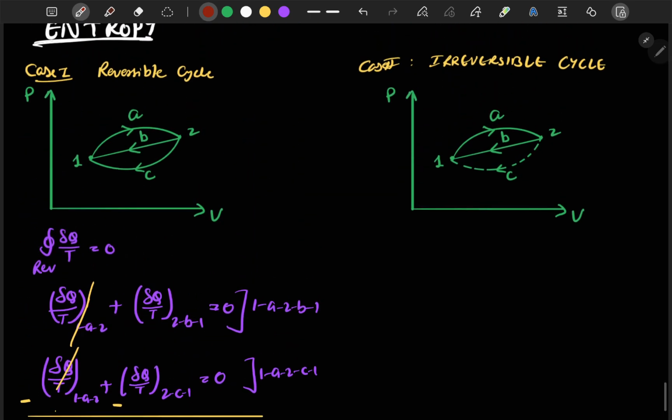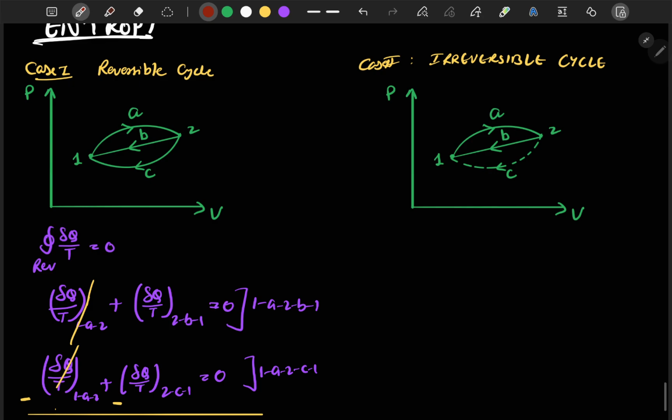Next, while discussing the irreversible cycle, we know that the cyclic integration of del q by T for irreversible is less than 0. So we will again consider both the paths 1A2B1 and 1A2C1.